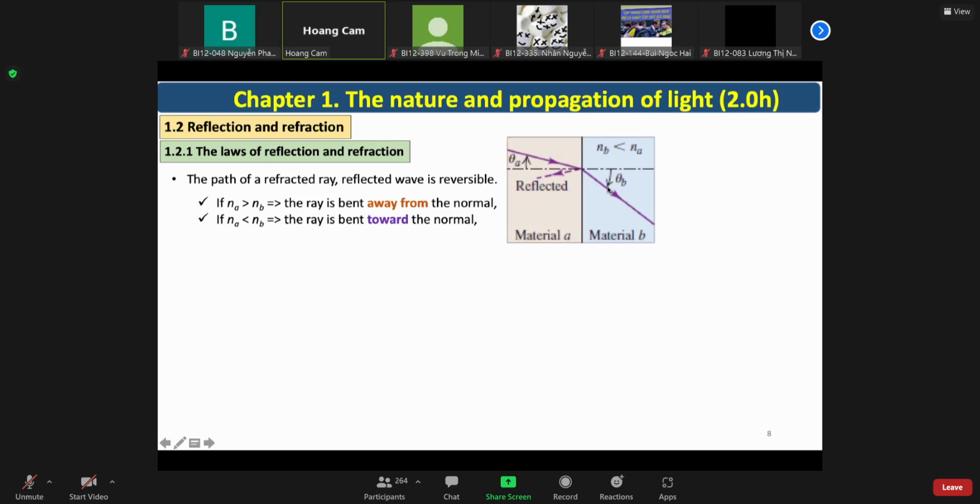You see this angle is larger compared with this one, so the angle of refraction is larger than the angle of incidence if the refractive index of material B is smaller than that of material A. Smaller refractive index, larger angle: just keep that in mind. And if nA is smaller than nB, this angle will be smaller, and we say that the ray is bent toward the normal. So these are the properties deduced from Snell's law.